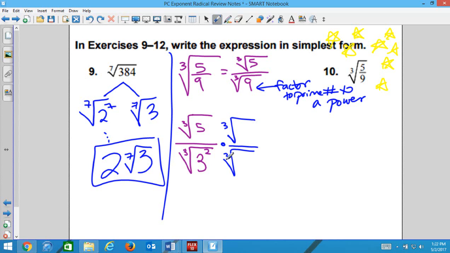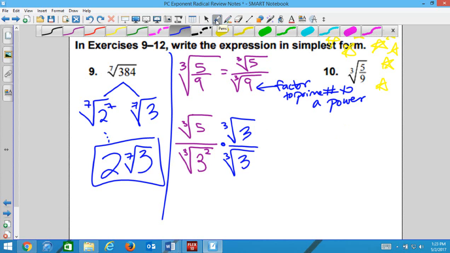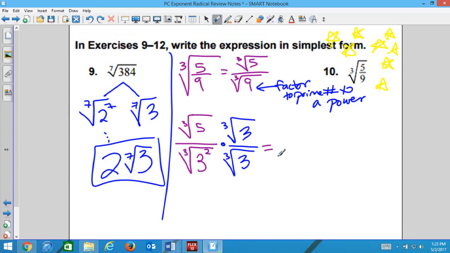What do I have to multiply by to make this cubed? Right now it's 3 times 3 over here. What do I have to multiply to make it 3 times 3 times 3? I need to multiply by a 3, a cube root of 3. When I do that, that is going to give me a whole 3 to the 3rd on the bottom.